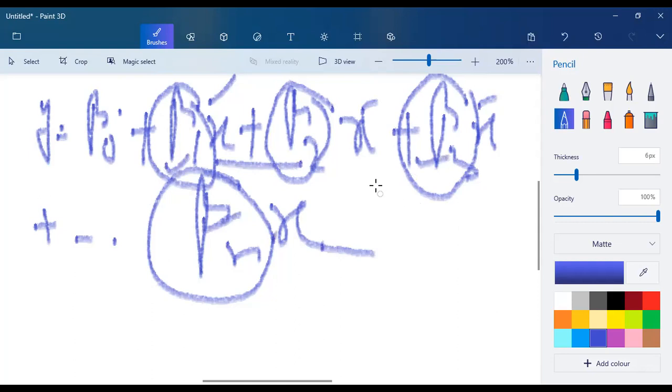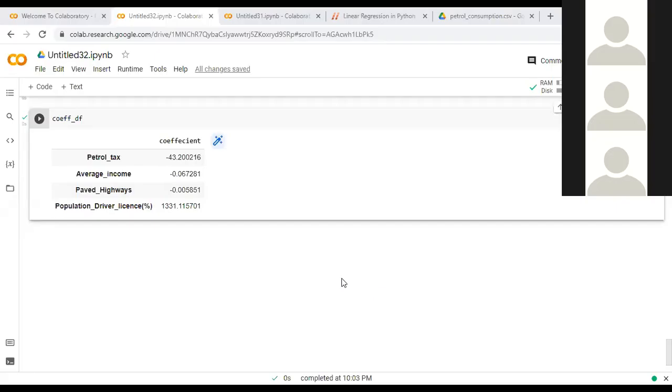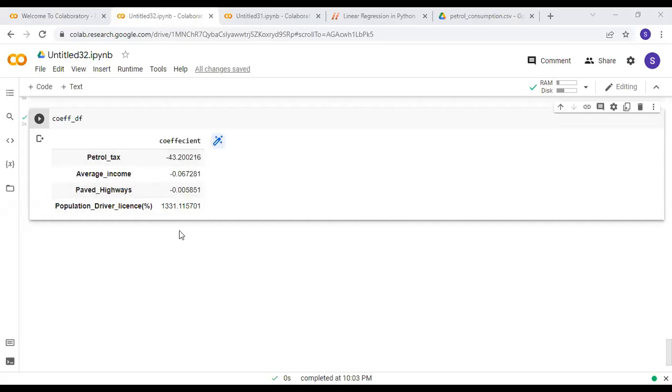Right. So these are the coefficient values.